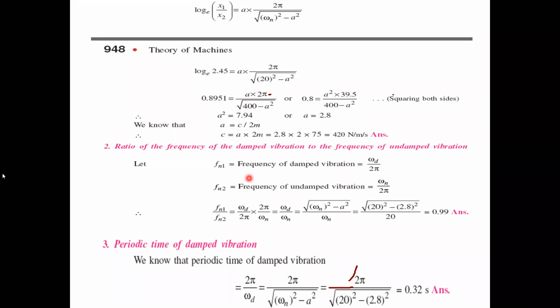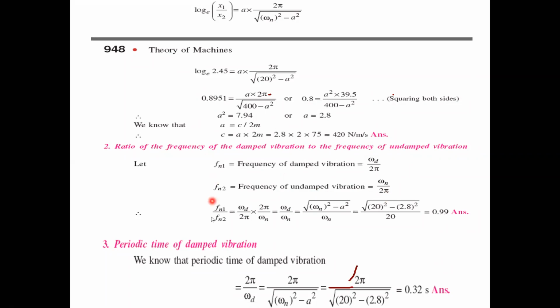Fn1 is the damped vibration frequency, Fn1 equals omega suffix d by 2 pi, and Fn2 equals omega suffix n by 2 pi for undamped vibration.